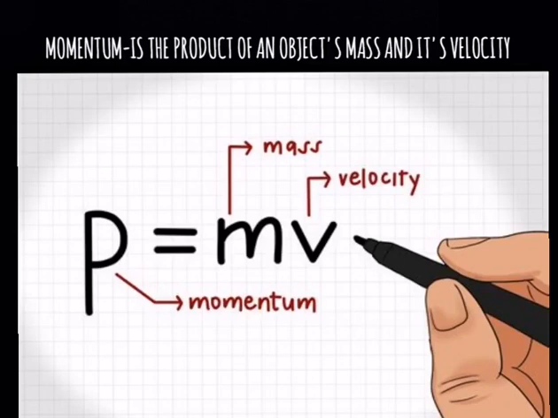Now we'll do examples so that you can see how this works. So you must pay attention. And another thing, when you calculate momentum, it is very important for you to consider the direction of the object. All right, let's do the first example, then we continue with it.